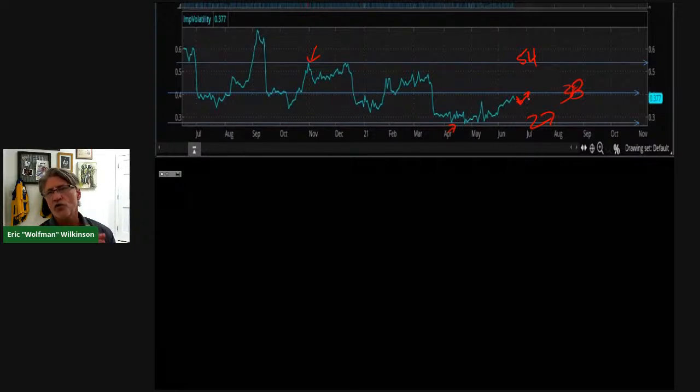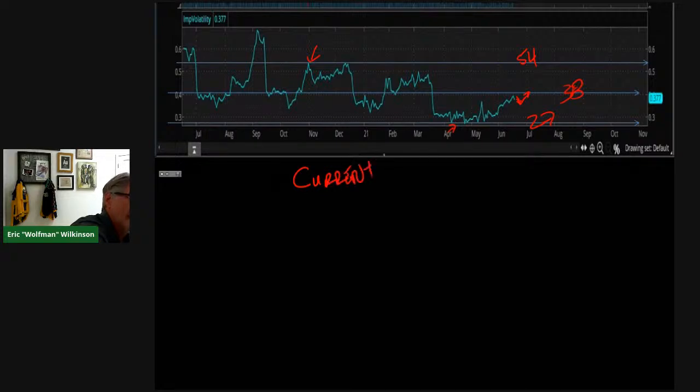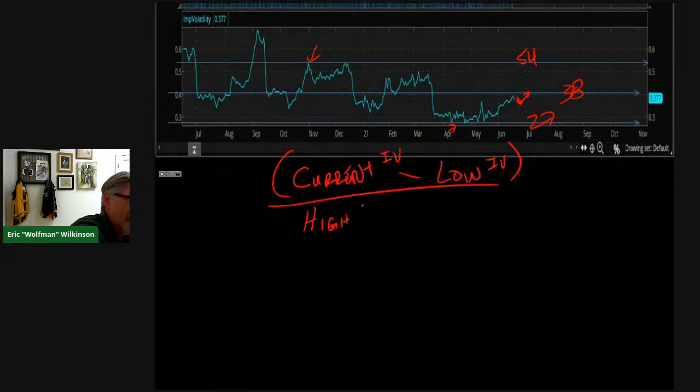If I'm a good steward of capital, one thing I always say is determine whether they're cheap or expensive. Well, these, in a sense, are kind of right in the middle of the road. So what we do is take the current implied volatility, subtract the low implied volatility, and divide that by the range from high to low. What this gives us is where the current spot is in relation to the high and the low.